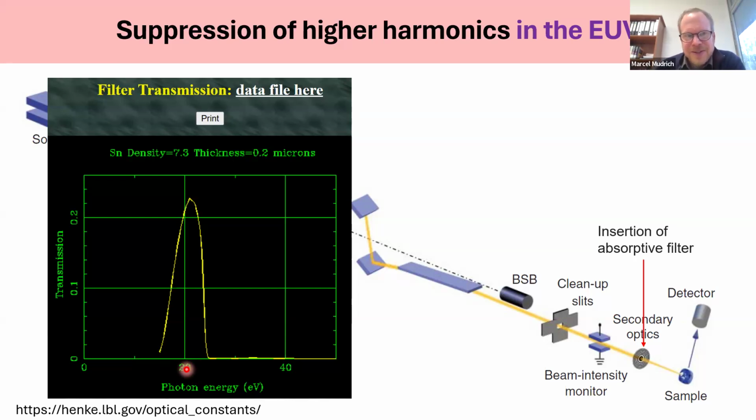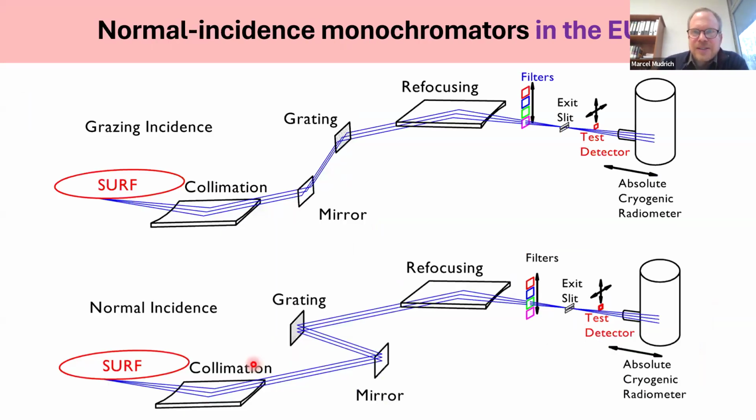But of course, it is by pure lucky coincidence that there is a filter material, namely tin in this case, that has this property. If we wanted to do an experiment at 30 eV or another photon energy, then we would have to play other tricks. One other trick is to build the whole monochromator in a different way.